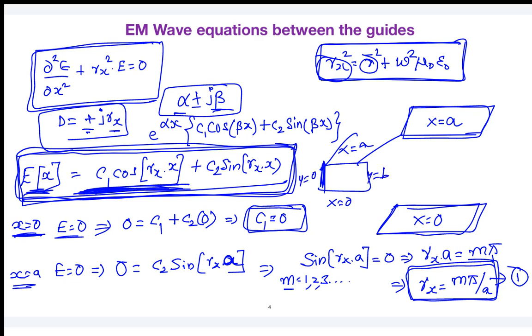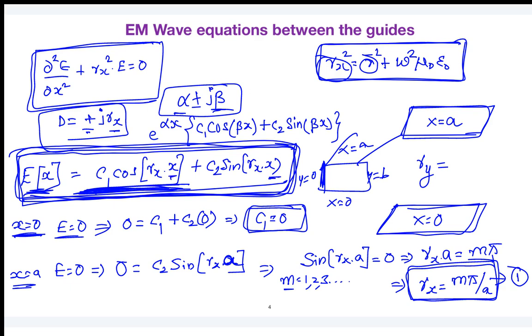Can you tell me what is the propagation constant in the y direction using the same equation?